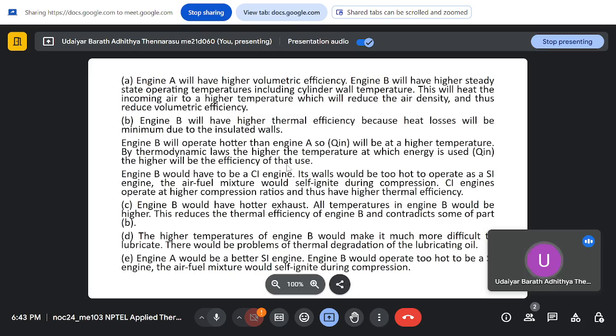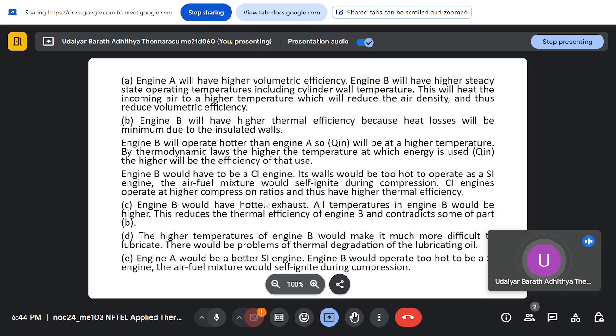Even in Carnot efficiency, W by Q1 you can write as T1 minus T2 divided by T1. So a higher inlet temperature means the negative term is smaller, so your efficiency will be higher. Engine B being at higher temperature, the heat which is added is also of better use.